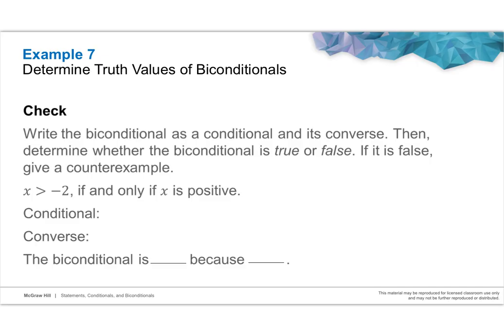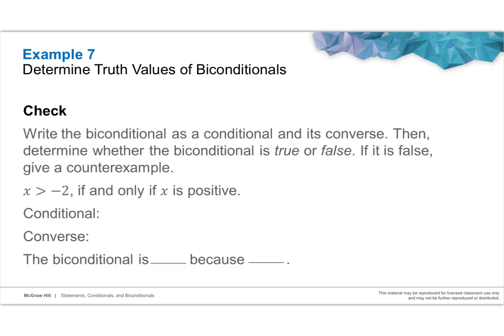All right, our final check, also on page 166, for example 7. We're taking the biconditional and writing it as a conditional and its converse, and then determining whether the biconditional is true or false. And if it's false, we're going to give a counterexample. So our statement says x is greater than -2 if and only if x is positive.